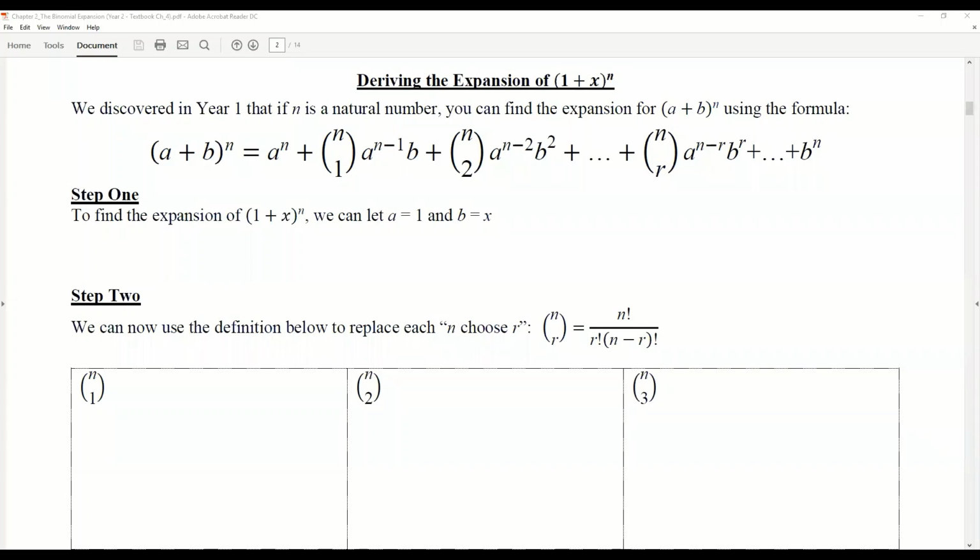In year 1, you were introduced to this binomial expansion, which we can see here. And like I said, this is given to you in the formula booklet, so you don't need to worry about remembering the definition, but you do need to be confident in using it. And what I'd like you to do first is to make some substitutions.